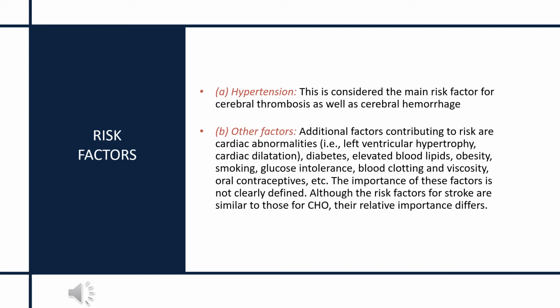So, uncontrolled hypertension is the most significant and the biggest risk factor for stroke. And hence, you can conclude that the risk factors responsible for hypertension, which we have discussed in the previous session, are also responsible indirectly for a stroke.